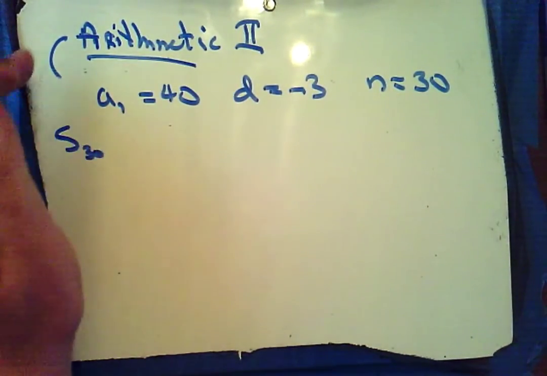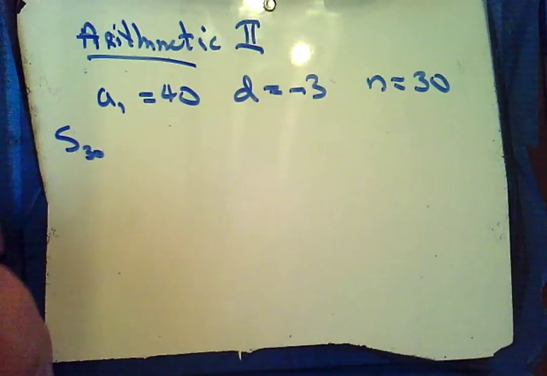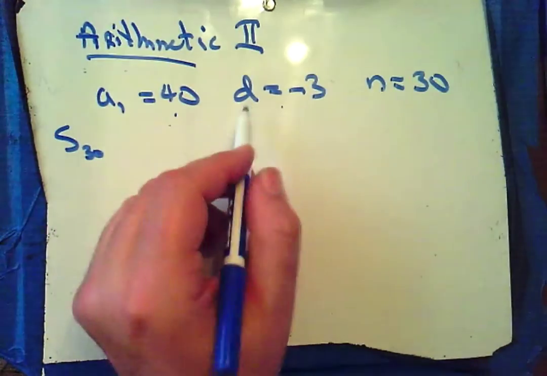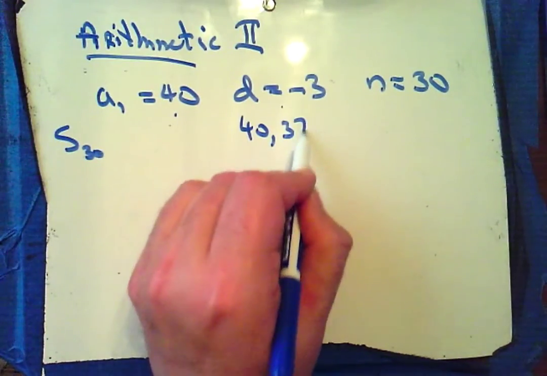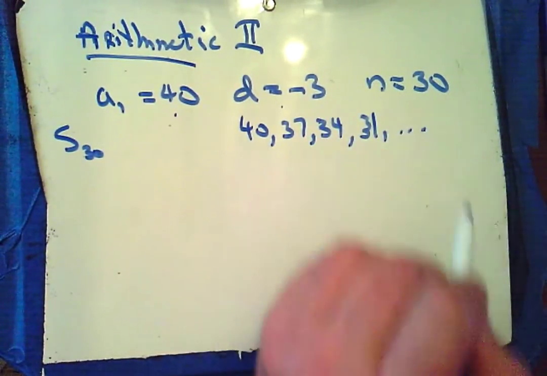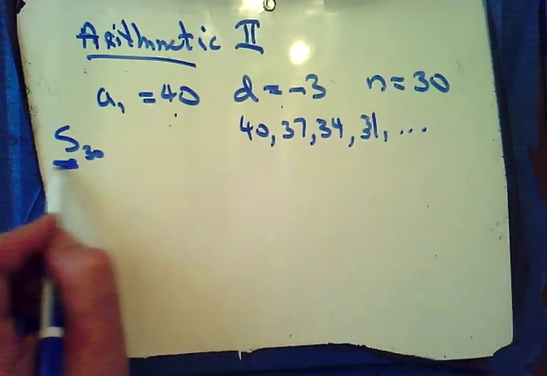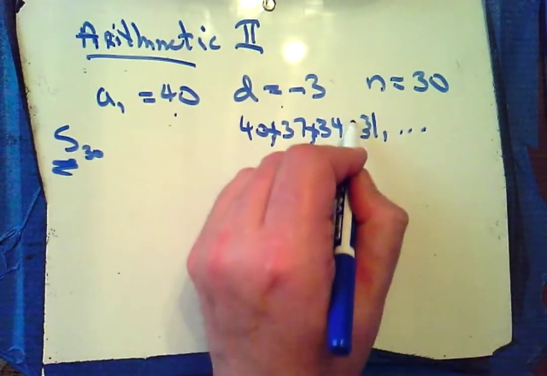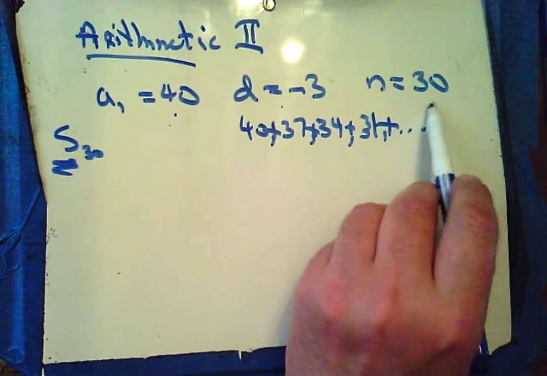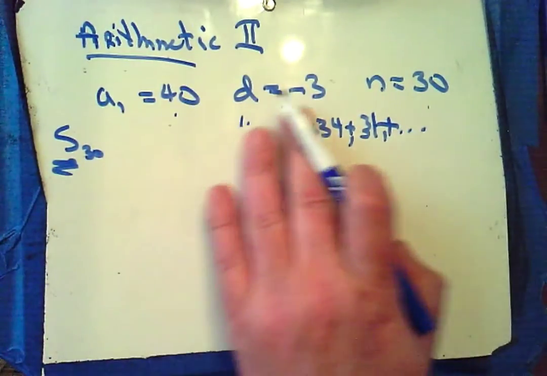I'm looking for the sum of the first 30 terms in the sequence that starts with 40 and goes down by 3: 40, 37, 34, 31, etc. But we want a sum. We want to add these values together for the first 30 terms.